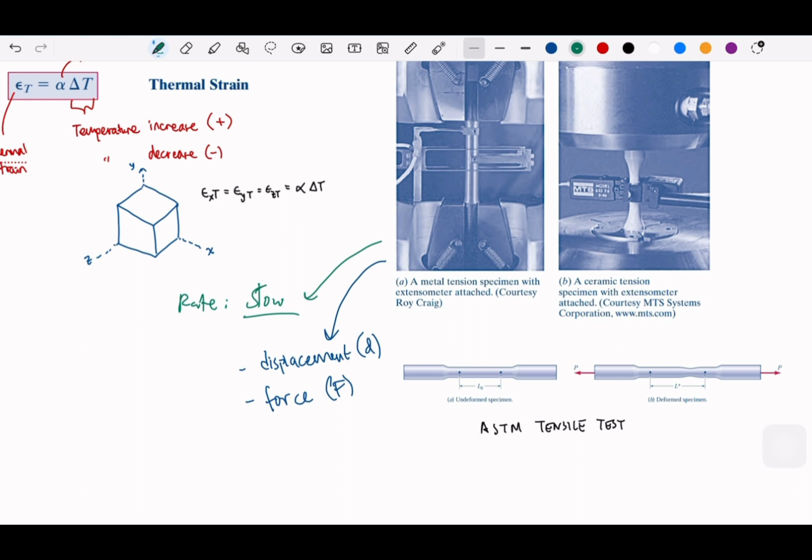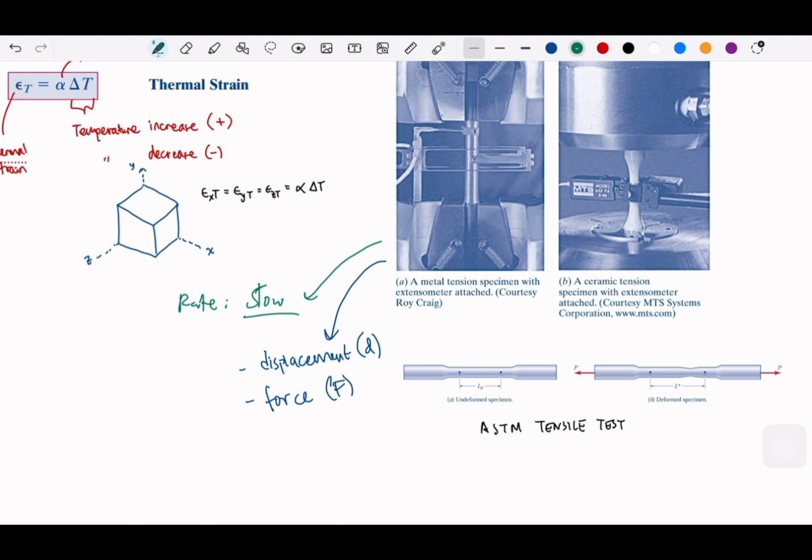So every time it takes some pulling, it needs to be really slow. And of course, the final specimen should be broken into two. So we test this specimen until failure.